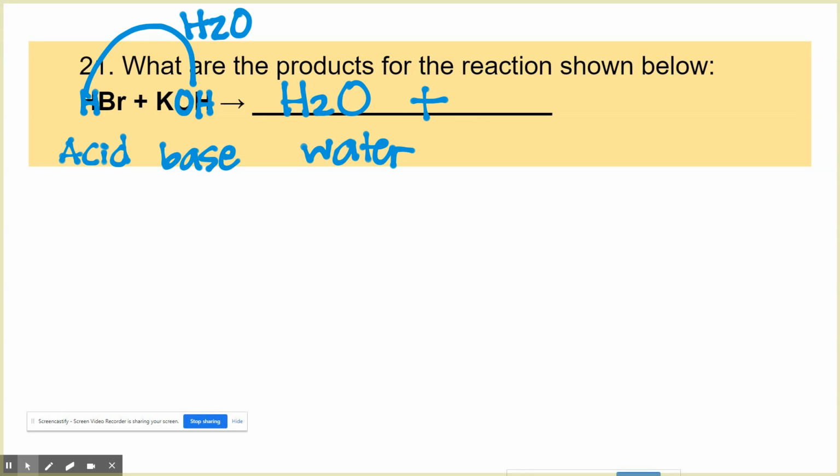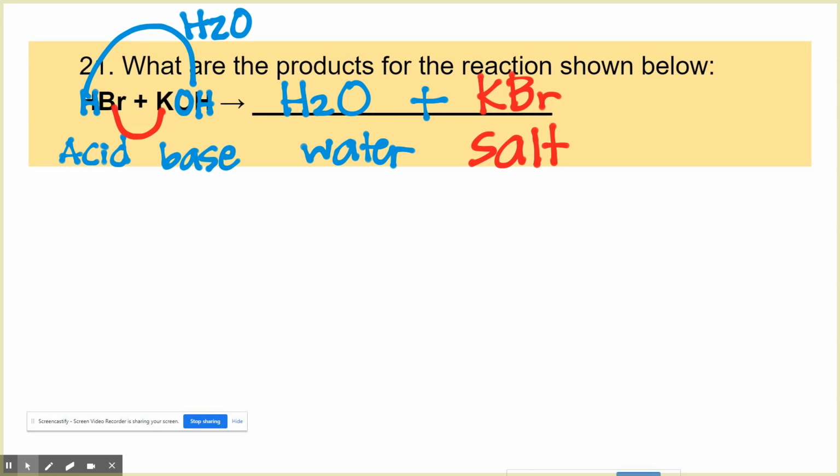Plus, what happens to the leftovers? Again, the leftovers, they join together. That forms your salt. So write it in order. K is at the front, so K goes in the front. Br is at the tail, so that goes at the end. So that's your salt right there. So these are the products of the reaction shown here.